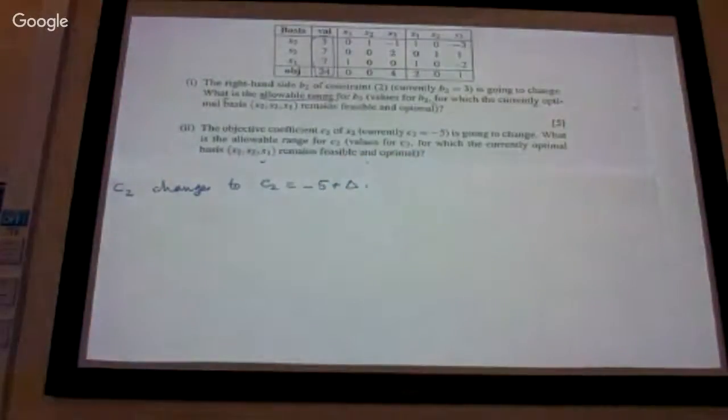Okay, so it changes by an amount delta. What's going to change now?